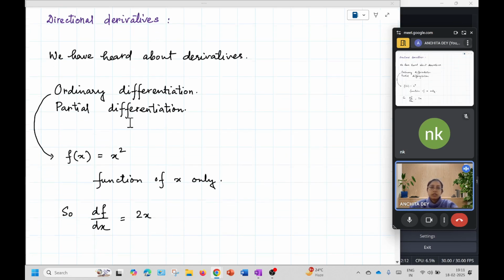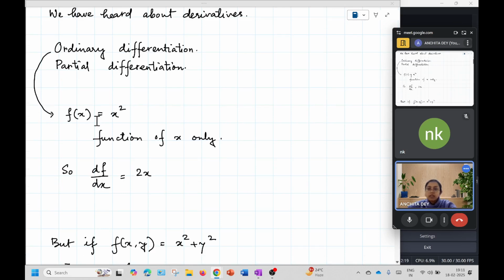Let me give a quick example. If you have f of x equal to x squared, it is simply a function of x, with no other variables. So df dx, the ordinary differentiation, is equal to twice x.